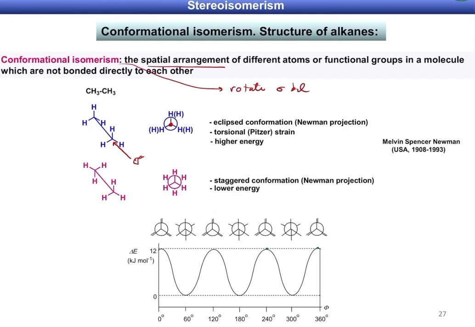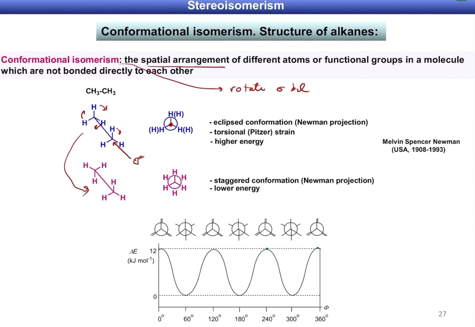Then I can rotate this bond. When it rotates, these hydrogens go here, this goes here, and this goes here. One of them we can rotate, okay? It will be this shape.